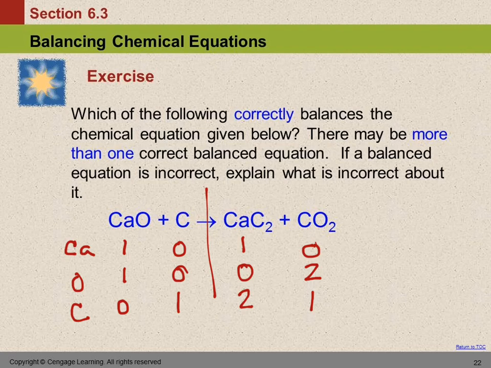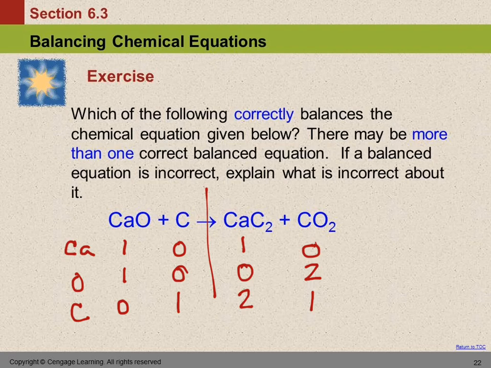So some of you will need to do this, and some of you won't. The calcium is balanced already. There's 1 of each. But the oxygen's not balanced, and the carbon's not balanced. This is where it says to start with the more complicated product or reactant to balance.